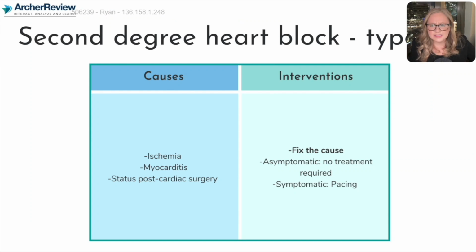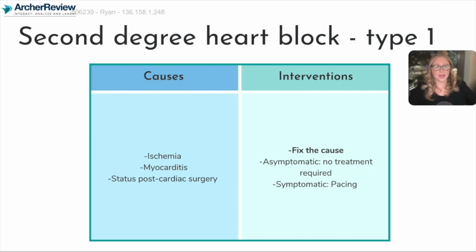What causes this? Well, again, it often is an incidental finding. People can be in second degree heart block type 1 and not even know it. It could be caused after they have surgery or have some sort of irritation or inflammation to the muscle of their heart, such as that myocarditis or maybe some sort of ischemia where the myocardium's not getting enough blood flow.